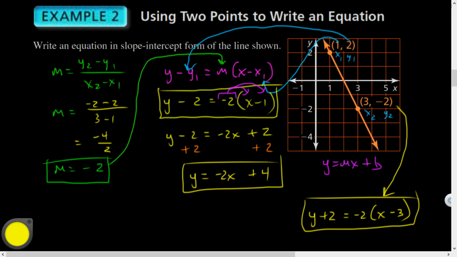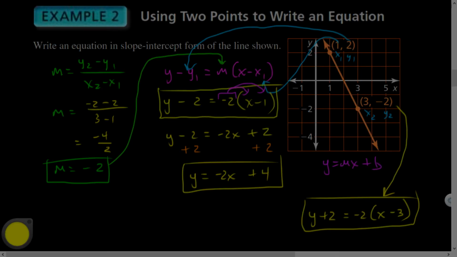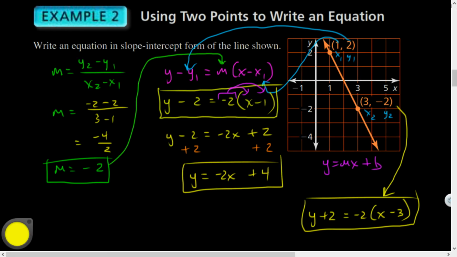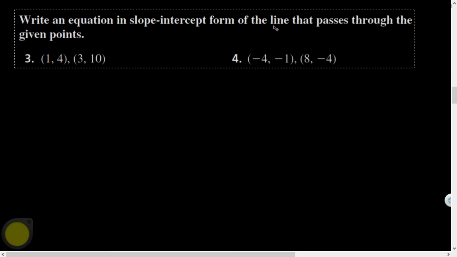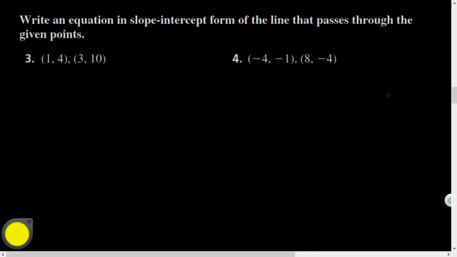Let's see, for y'all's exit ticket, let's have you guys try monitoring progress question 3. All right, so you're going to find the slope, and then plug it into point slope form, and then solve for y. So find the slope, plug it into point slope form, and solve for y.